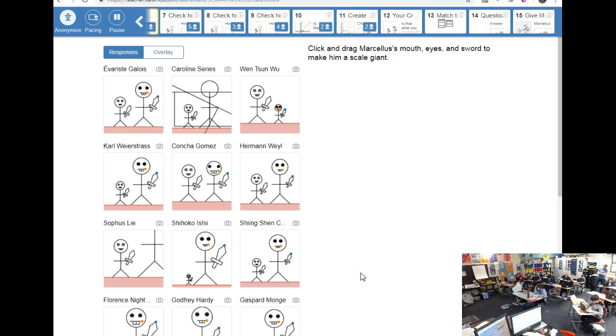Are you supposed to move the mouse? No, wait. That's Dan. It says make Marcellus scale to Dan. So you're not moving Dan, you're moving Marcellus. Are you able to zoom out on that? Or like reload the page after this?